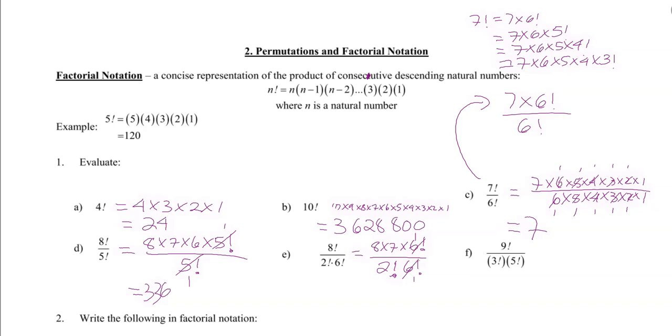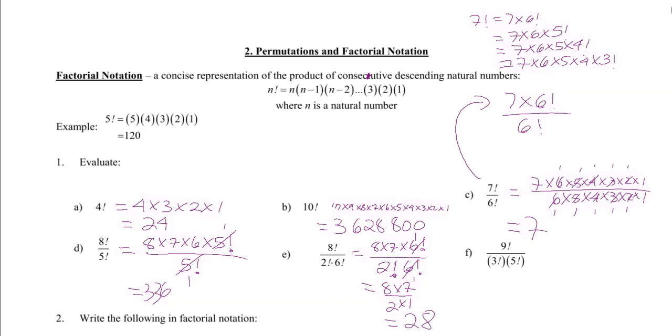Remember, we can stop any time: 8 times 7 times 6 times 5 times 4 factorial. And the way you stop, you just throw down an exclamation mark. So now we have 8 times 7 over 2 times 1, which is 28. Okay, so we can evaluate that.